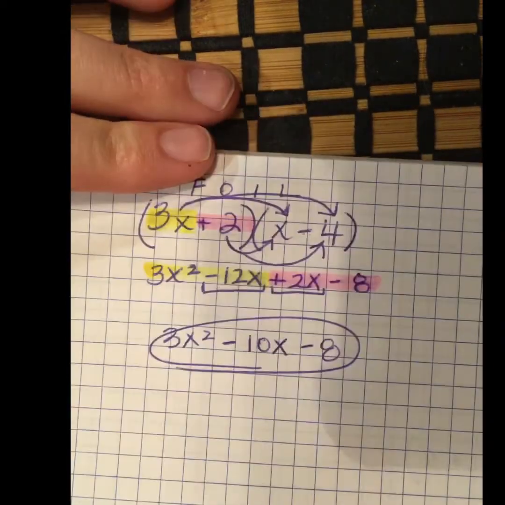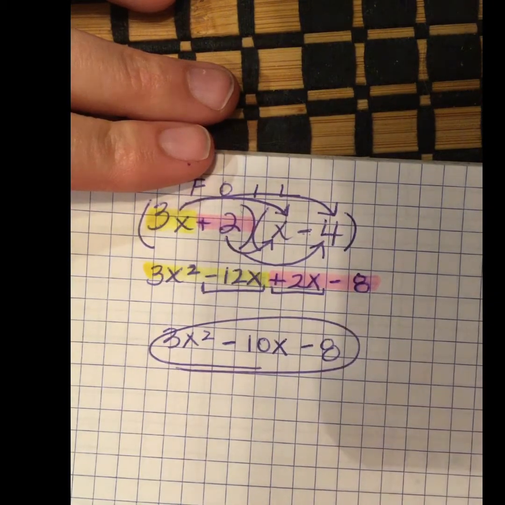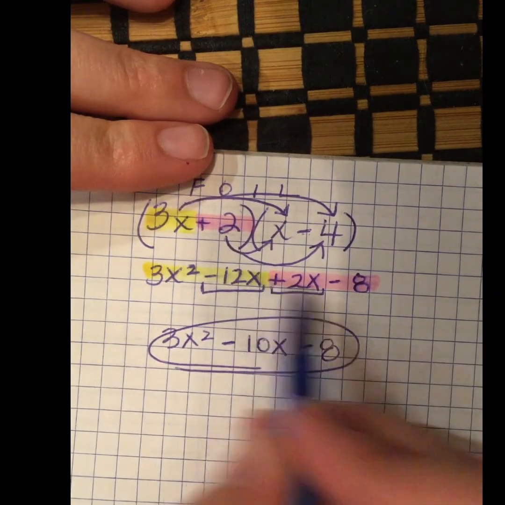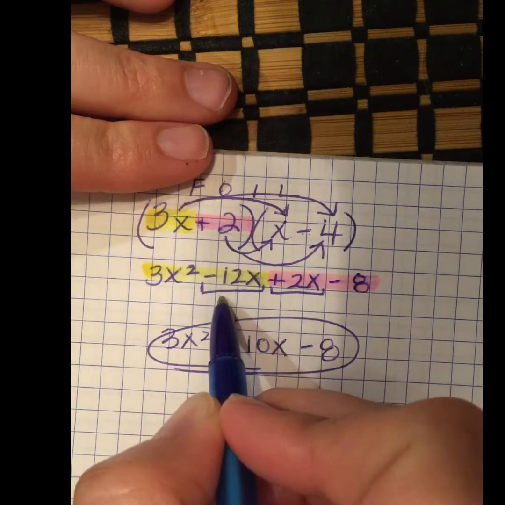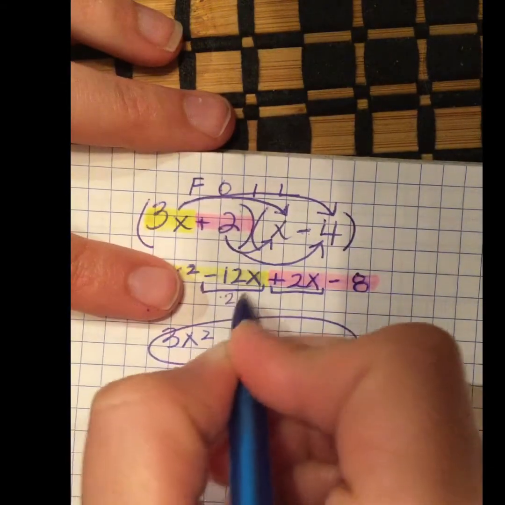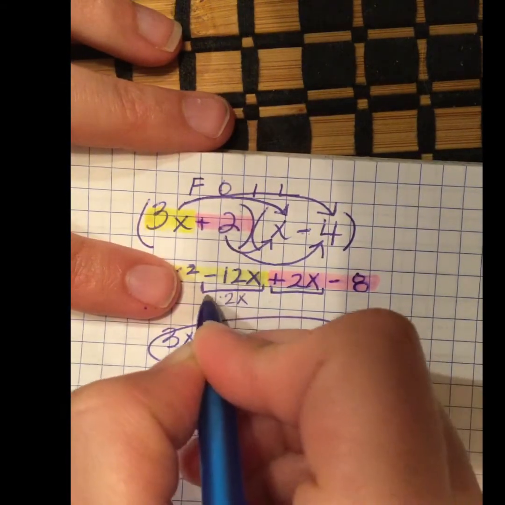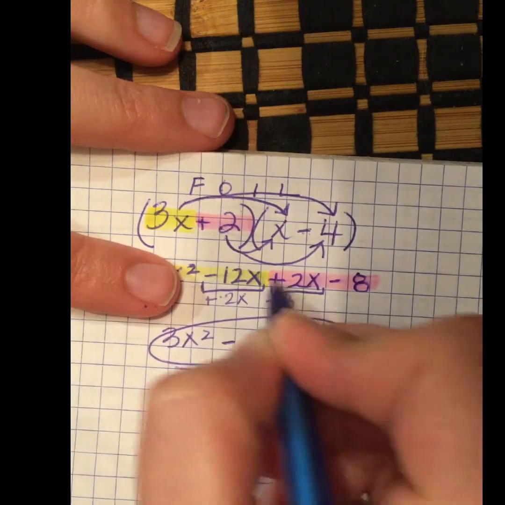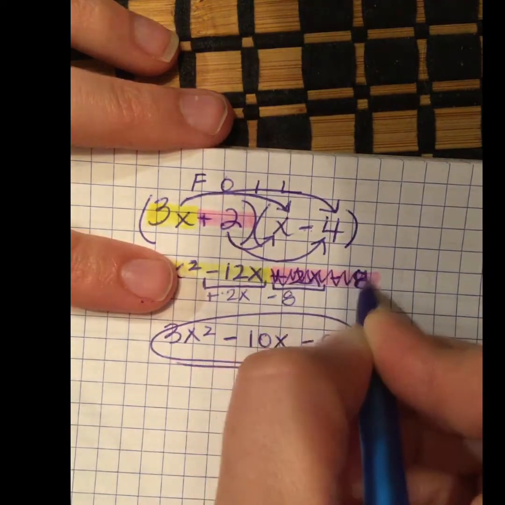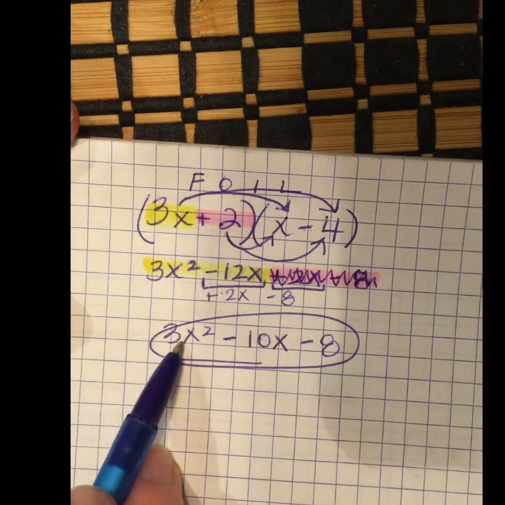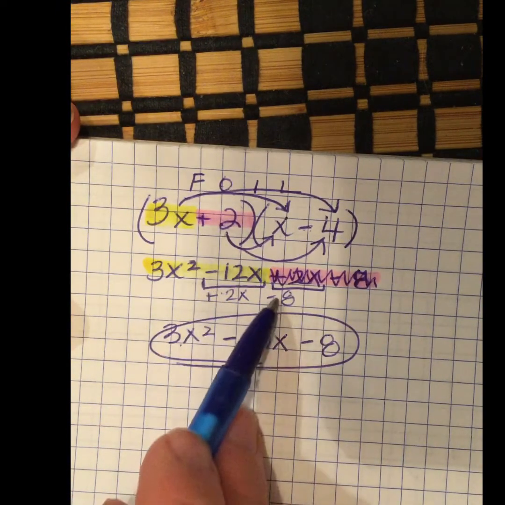It would have worked over here too. Instead of writing it here, I just would have written 2x, positive 2x minus 8. And I would have done 3x squared minus 10x minus 8.